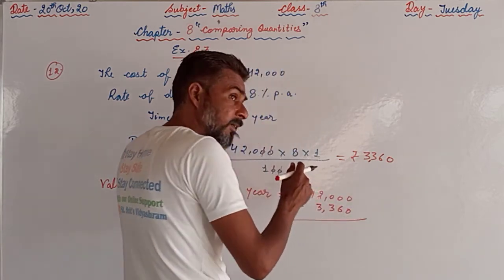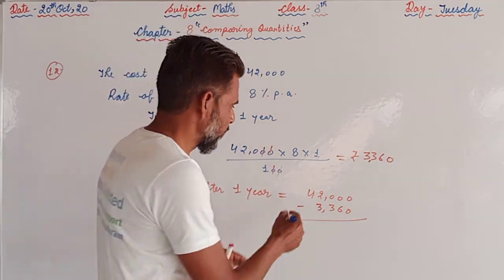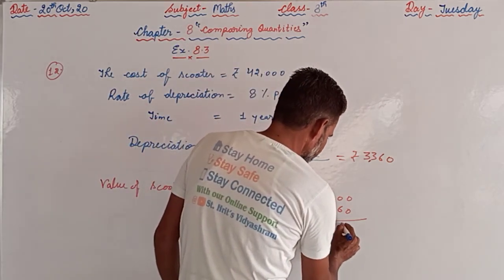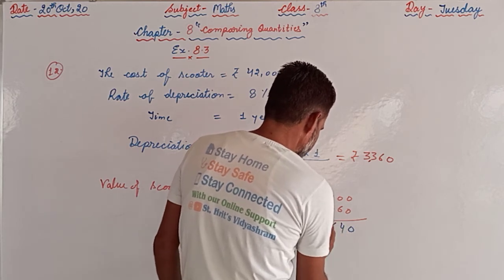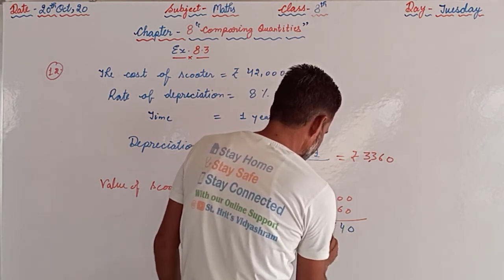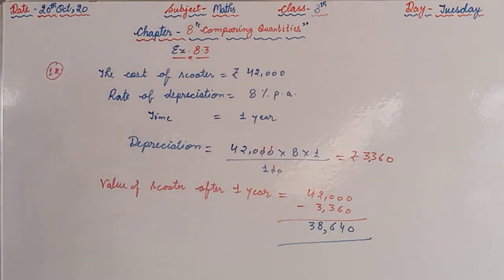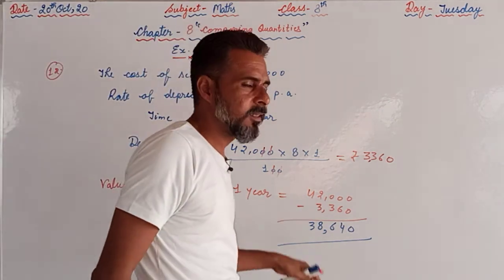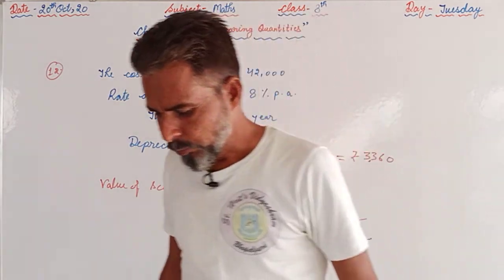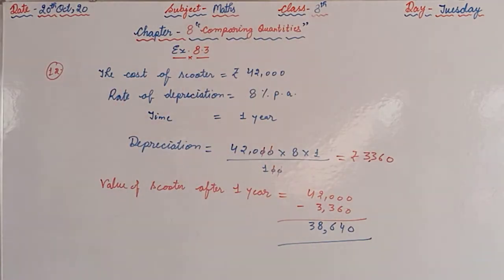So that is depreciated, meaning decreased, so we are supposed to subtract. 38,640 will be the value of that scooter after 1 year if the rate of depreciation is 8%, meaning its value decreased by 3,360. So like this we are supposed to proceed with the questions given in this chapter.